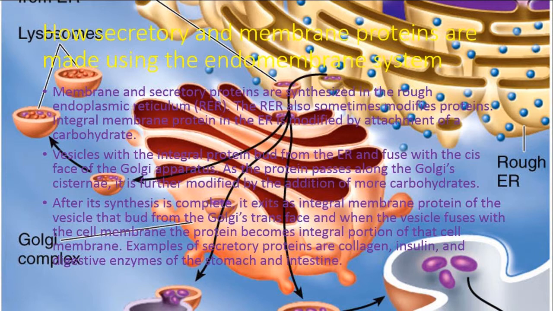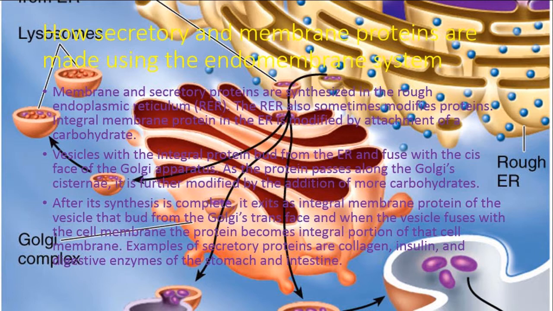So how are secretory and membrane proteins made using the endoplasmic reticulum? Proteins destined for secretion are made on ribosomes bound to the rough ER. The proteins move through the endomembrane system and are dispatched from the trans face of the Golgi apparatus in transport vesicles that move through the cytoplasm and then fuse with the plasma membrane, releasing the protein to the outside of the cell.